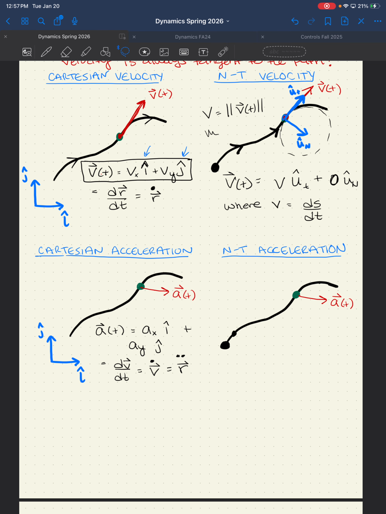Let's again draw our normal tangential coordinate system. Tangent is probably the easiest one. It goes tangent to the path in the direction of motion. This particle is still moving up and to the right.